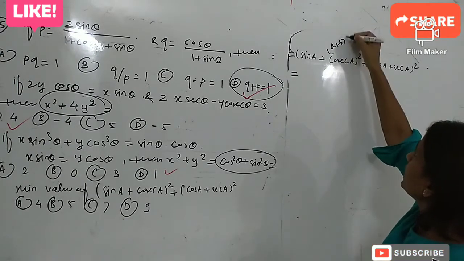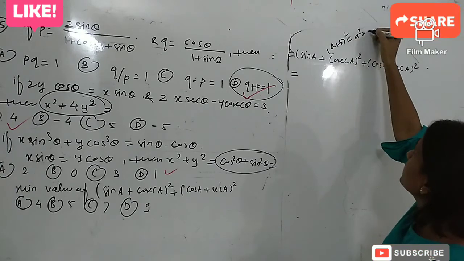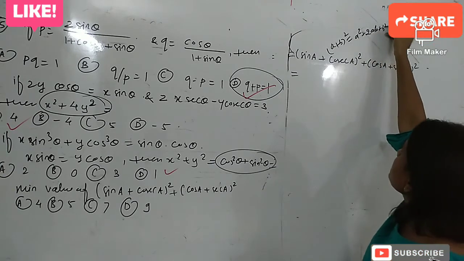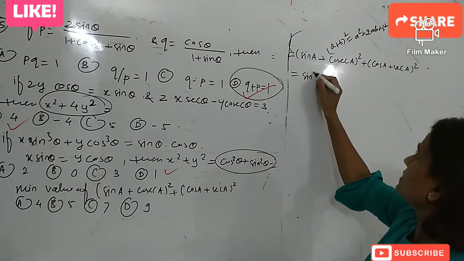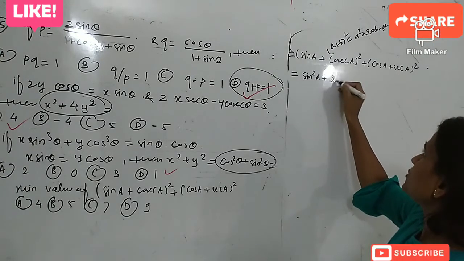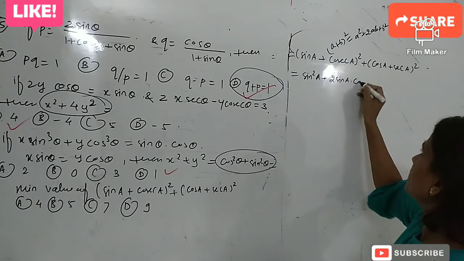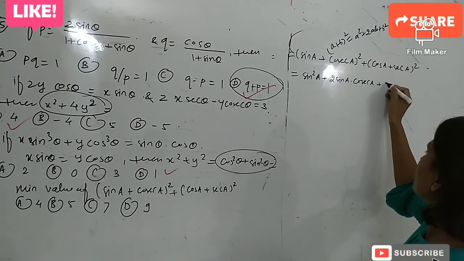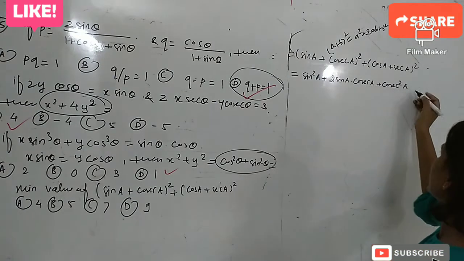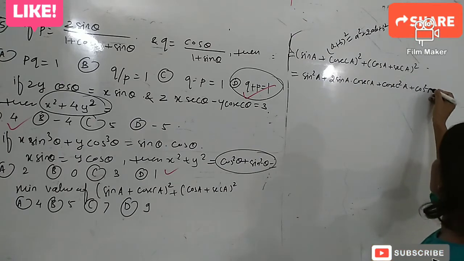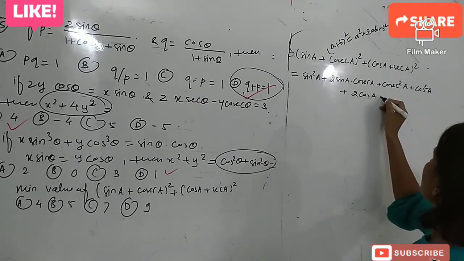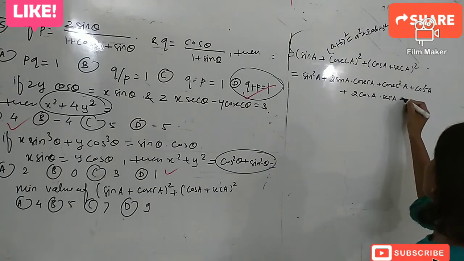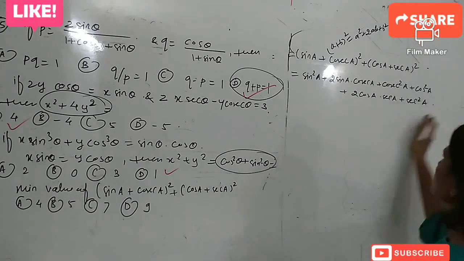I can use (a plus b) whole square, which is a square plus 2ab plus b square. So after expanding, we get sine square a plus 2 sine a into cosec a plus cosec square a plus cos square a plus 2 cos a into sec a plus sec square a.